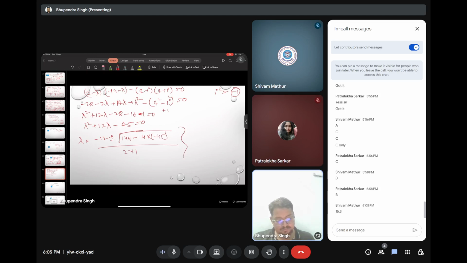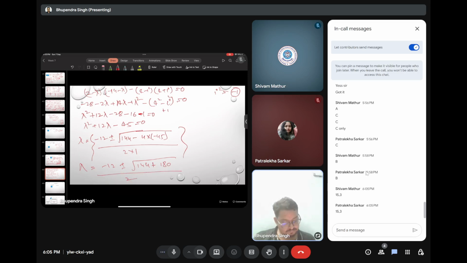Now these are your values. Try to solve this and then you will find 144 multiplied by 180, plus, divided by 2. How much will it come? Plus minus root over 36, right?